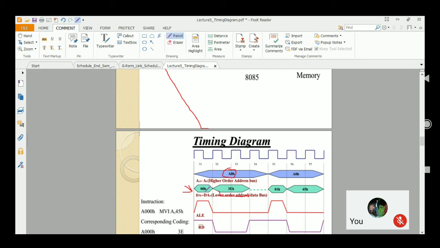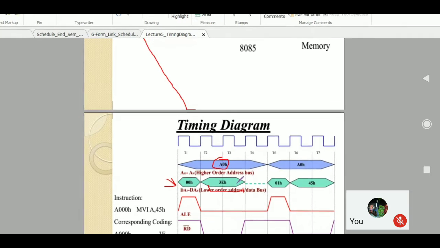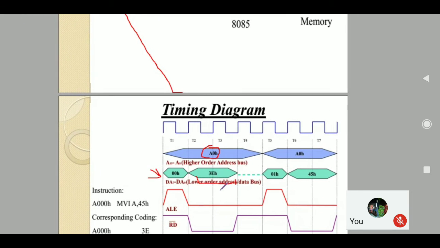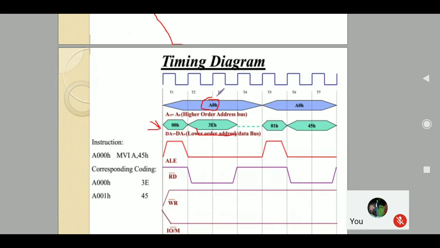That's why this lower order address will be generated. Until it fetches, it will again go low, and again when the next instruction comes it will be high. It goes here later, but just look here up to this one.